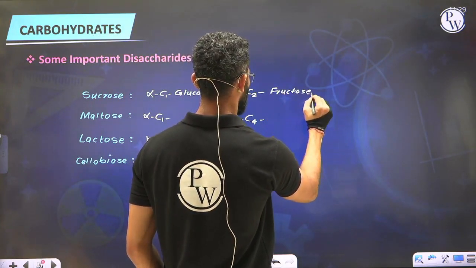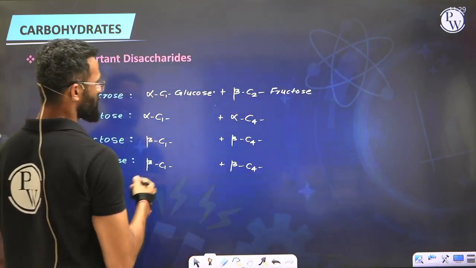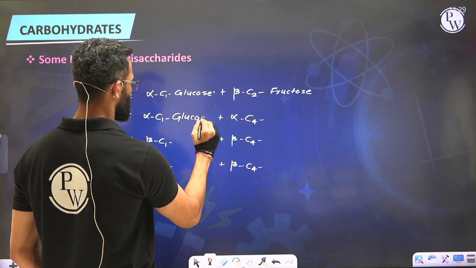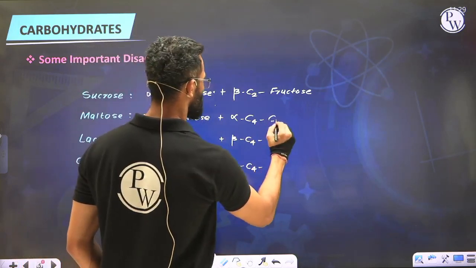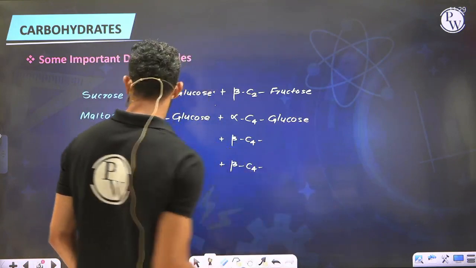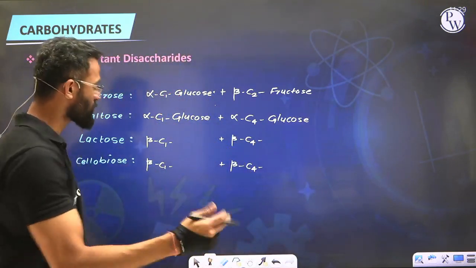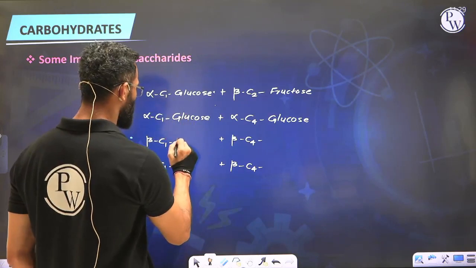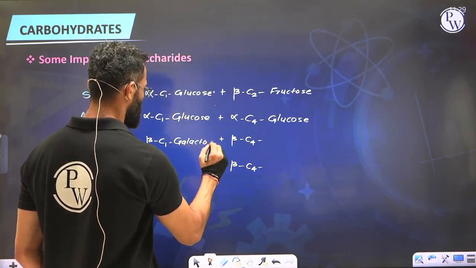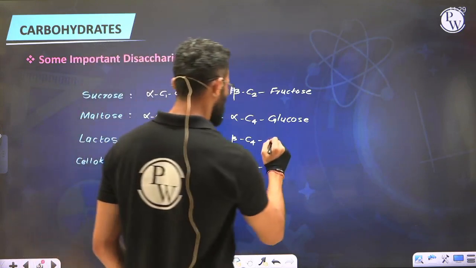Maltose is made up of 2 glucose, so it is a homodisaccharide. So glucose and glucose. Lactose is made up of galactose and glucose. So remember, galactose you have to write first. Galactose and glucose.